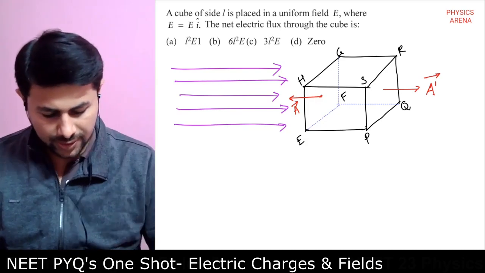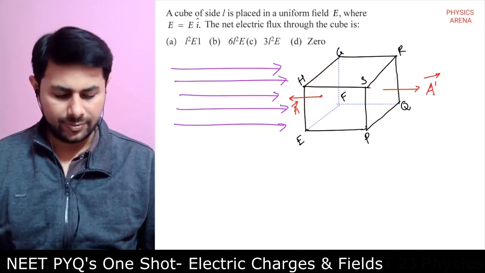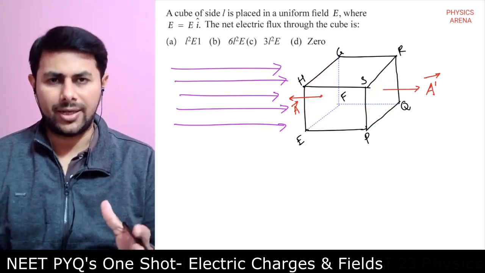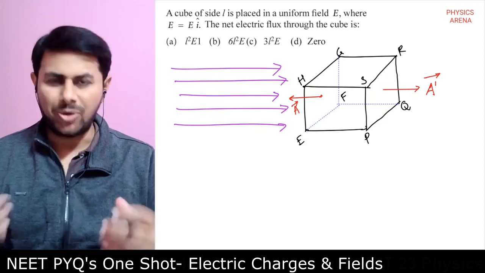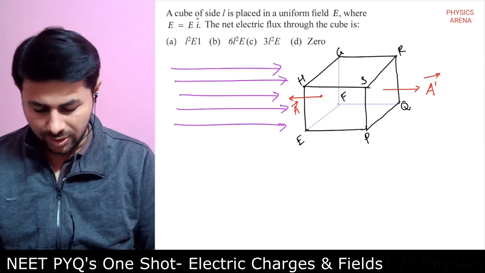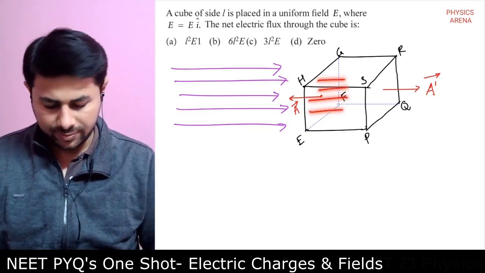Now it's clear that the magnitude of this area and this area is equal. They are the same amount of area, right? But their directions are opposite. So how much would be the flux through this area, and through this area?